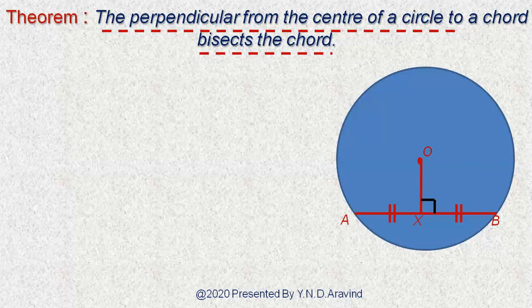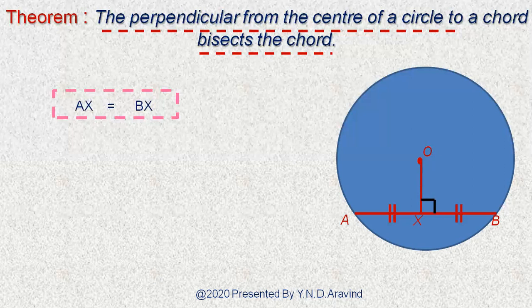That is, the point X divides the line segment AB such that AX will be equal to BX. Now, we understood the meaning of this particular theorem. That is, taking any chord on a circle, if we draw a perpendicular from the center onto that chord, it will bisect the line. That is, it divides the chord into 2 equal parts.